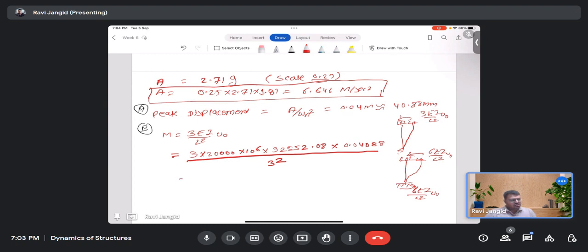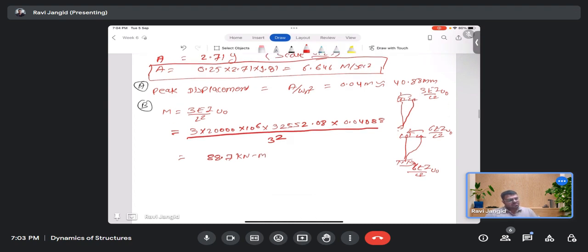I am getting it as 88.7 kilonewton meter. Is it okay? Yes. So do the same for the long column.